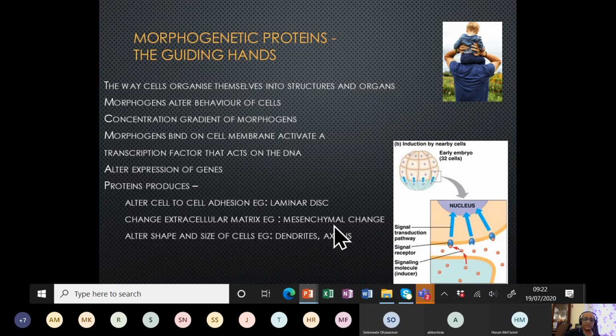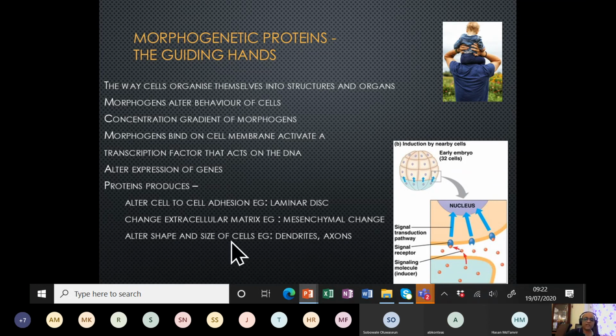They allow cell-to-cell adhesion to occur, and that explains the concept of the bilaminar and the trilaminar disc. They also change the extracellular matrix, and hence they induce the mesenchymal change. They will induce the formation of sprouting blood vessels. They will induce the formation of the vertebral bodies surrounding the growing neural tube.